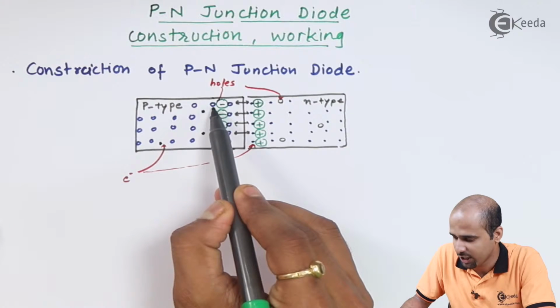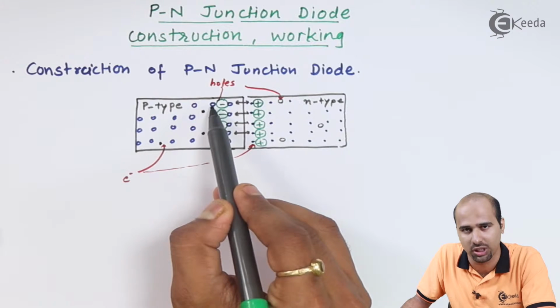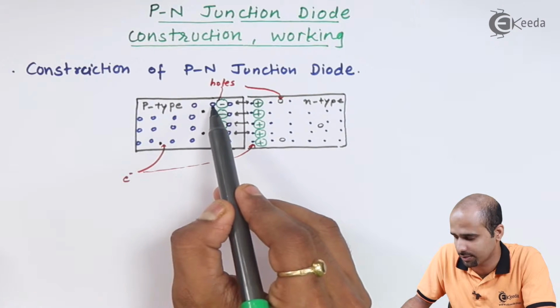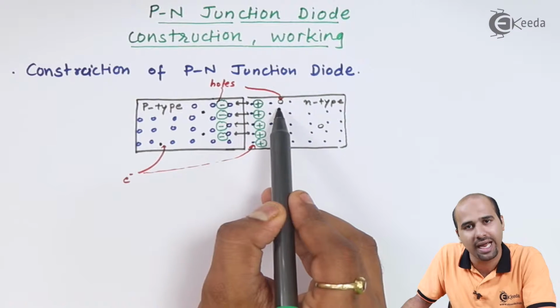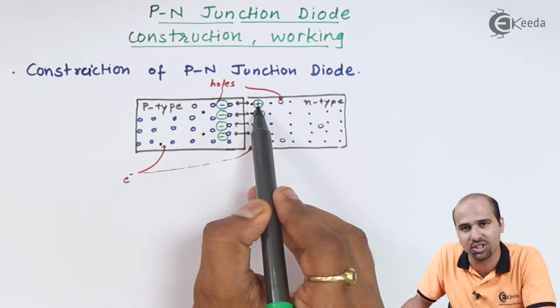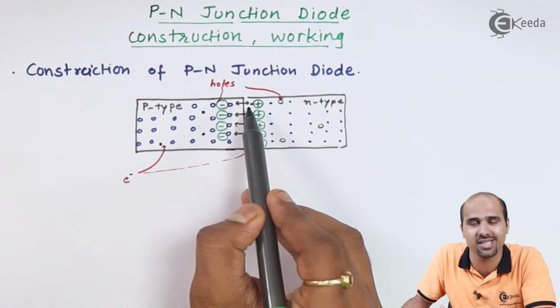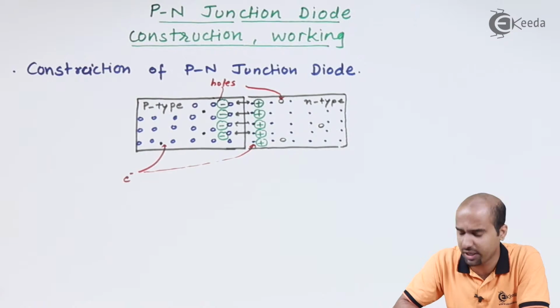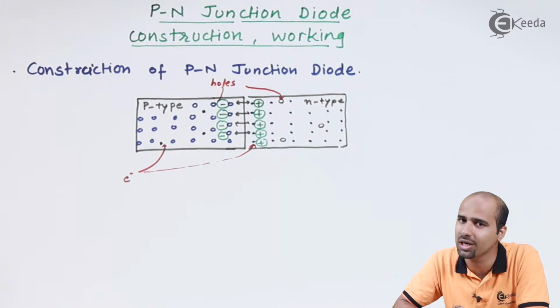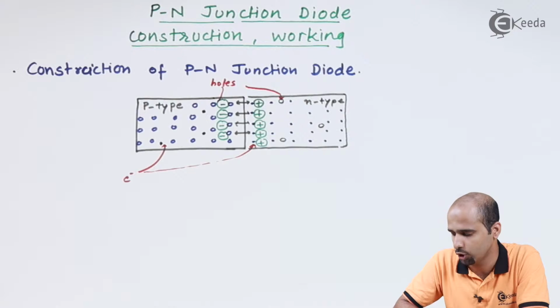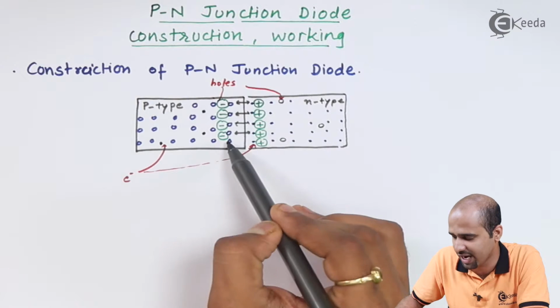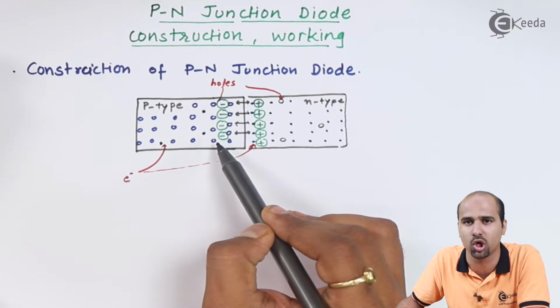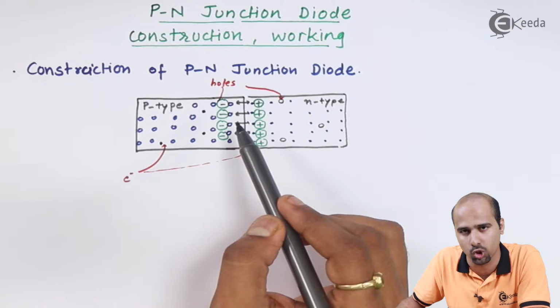Even if these holes try to move themselves towards the n-type, these positively charged ions will resist them. So electrons which have sufficient amount of energy to cross the barrier of these ions, only those electrons will recombine with the holes, right?